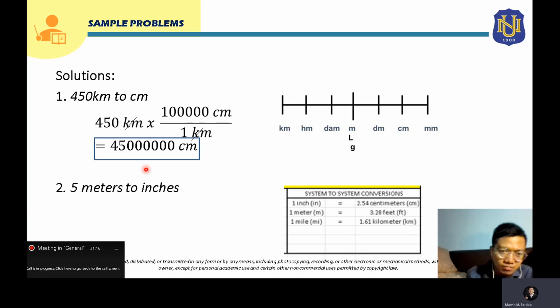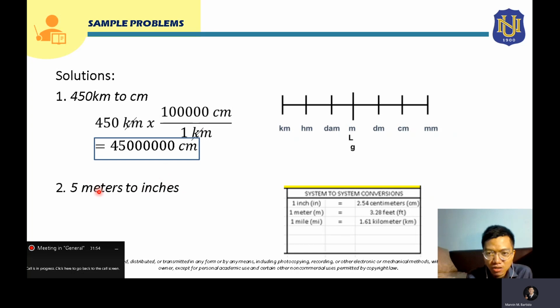The second example is from meters to inches. In the table of conversion factors, we don't actually have a direct conversion from meter to inches. What we have here is from meter to feet, and from inches to centimeters. So you have a choice for this problem. You can first convert this unit to the unit that has a conversion with inches.